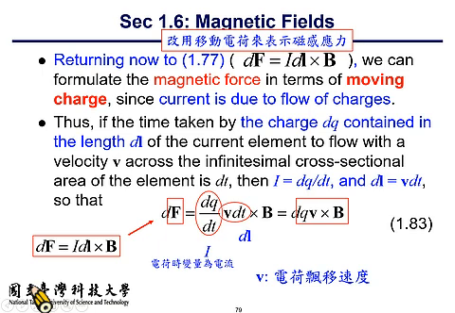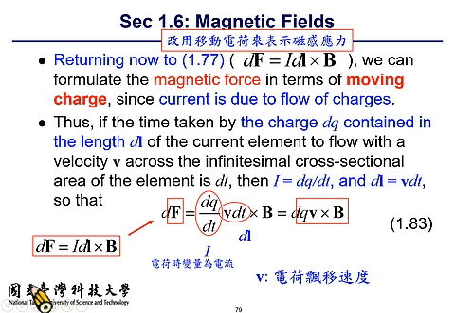If we imagine that this short piece of current is produced by a moving charge, which has a charge density of Q and a moving speed of v, then I, the current, can be found as dq over dt. The time varying charge is equivalent to current.